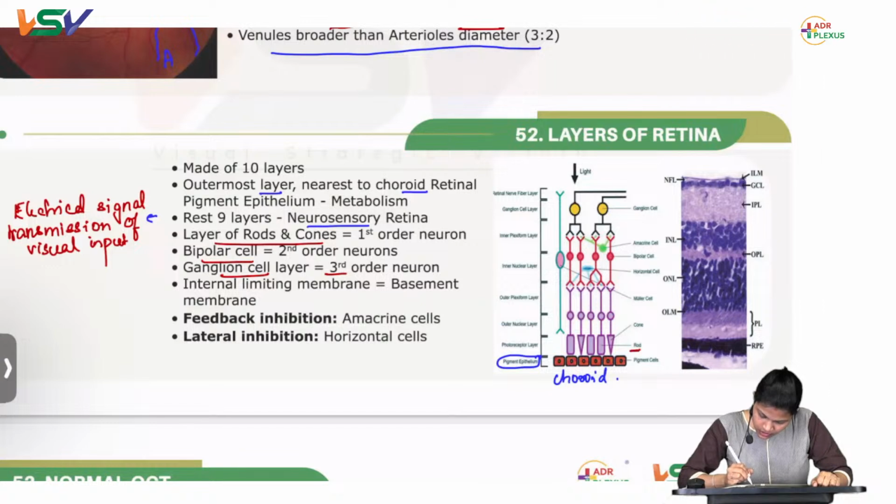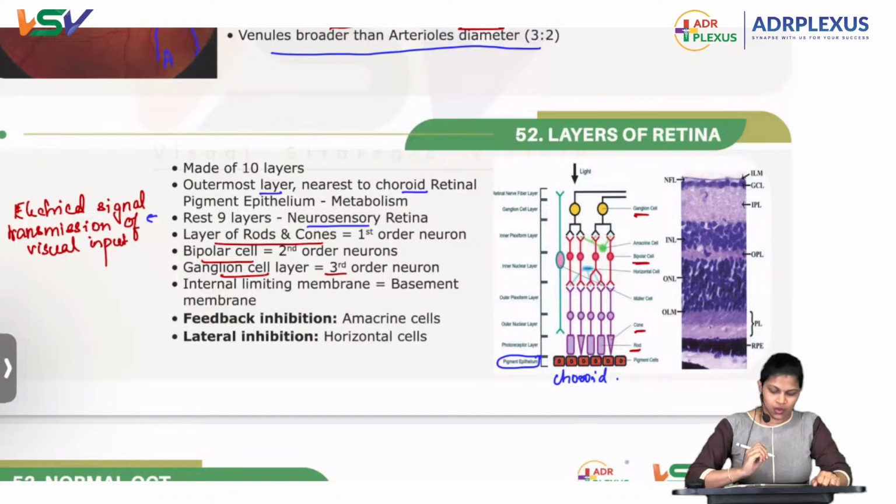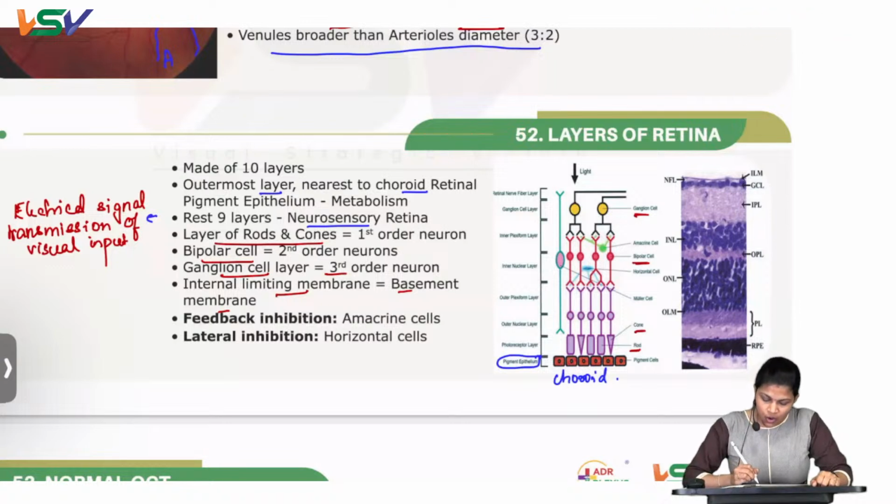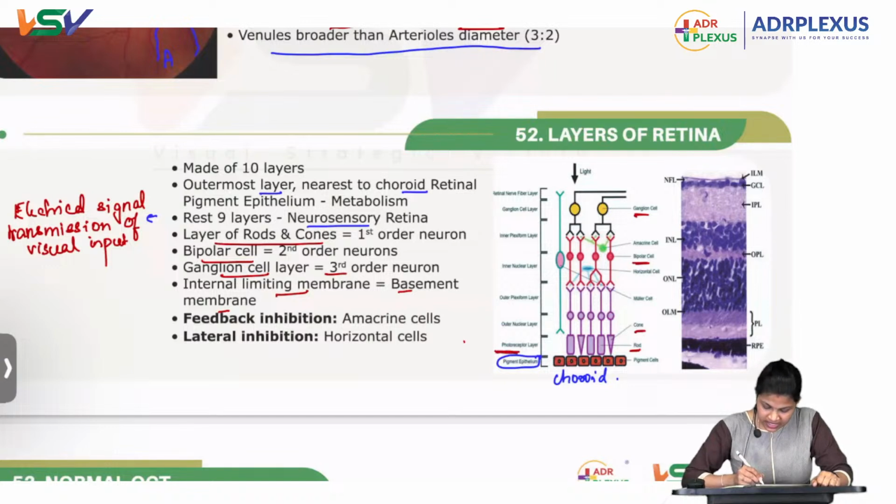So rods and cones are present, then bipolar cells and the ganglion cells. The internal limiting membrane is the innermost layer, which is the basement membrane. Now, when you revise all these layers, the outer part is the retinal pigment epithelium. Then comes the photoreceptor layer, which has the inner segments and outer segments of the rods and cones.